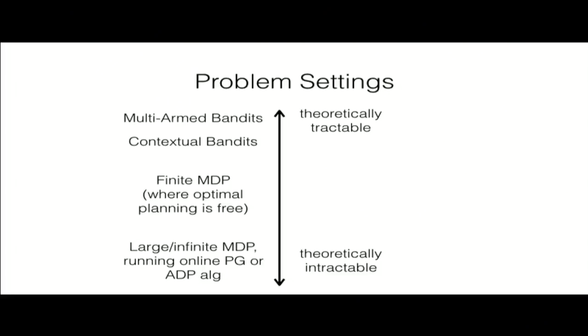And then the setting we're most interested in for deep reinforcement learning, or for empirically driven research, or for various kinds of applications, is where you have a large or infinite MDP, and you're running some kind of online policy gradient or approximate dynamic programming algorithm with function approximation. There it's theoretically intractable, but we can still develop heuristic methods.